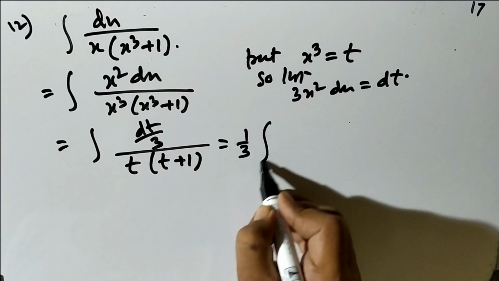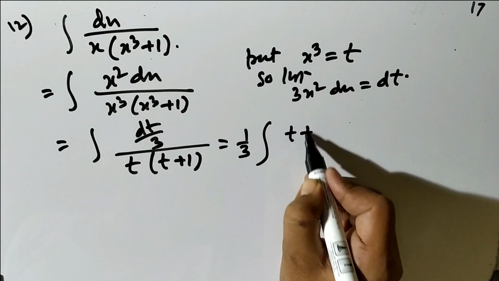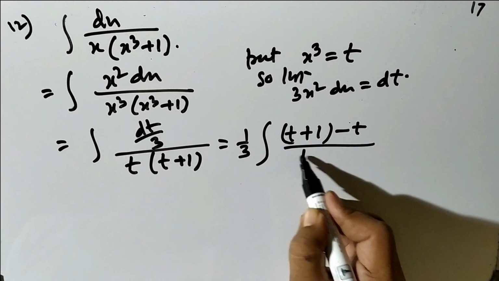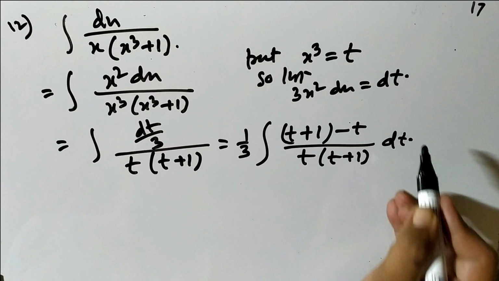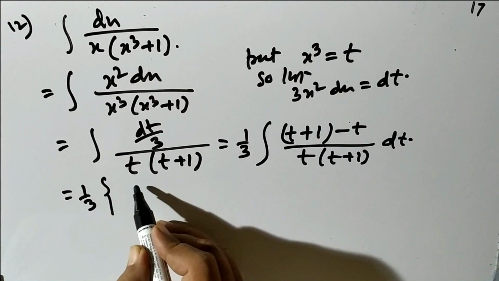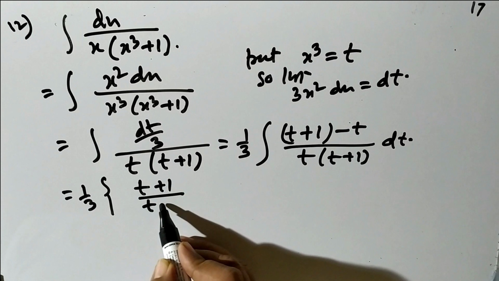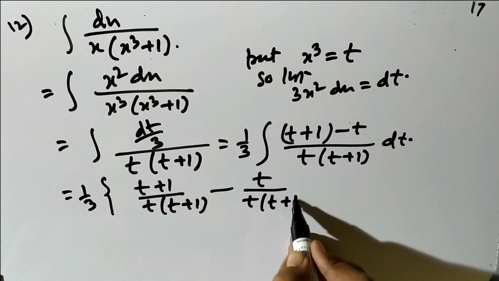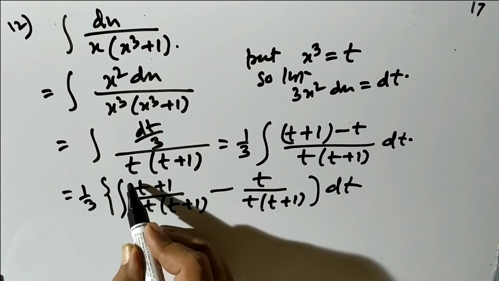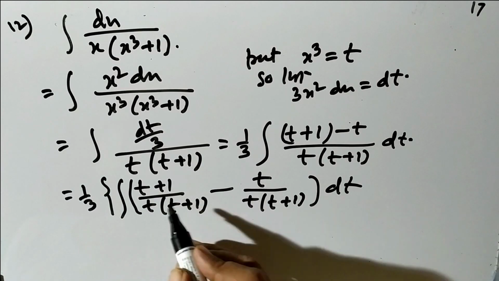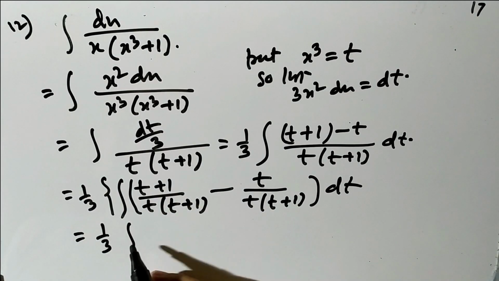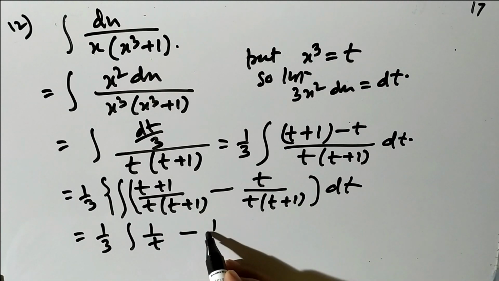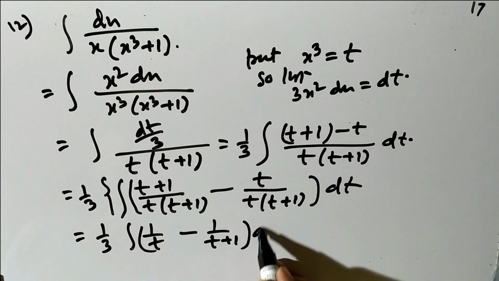This is equal to 1 by 3 integration of 1 by t into t plus 1 dt, and t plus 1 minus t is 1. That means 1 by 3, t plus 1 minus t by t into t plus 1 dt. This is equal to 1 by 3 integration of 1 by t minus 1 by t plus 1 dt.